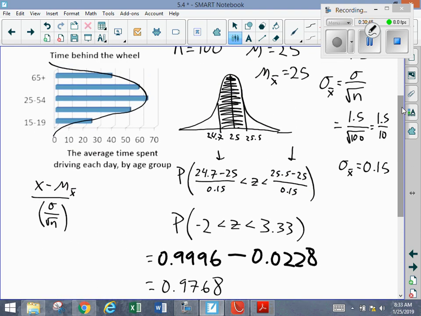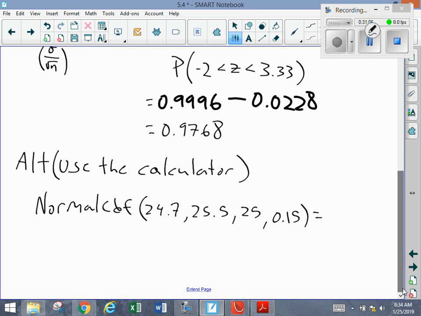I could do it right after this, or I could do it before. If I wanted to be super thorough, I could put it right there. But as soon as I've got all my calculations done, I can just go to the calculator. So let's go ahead and get this using our calculator.